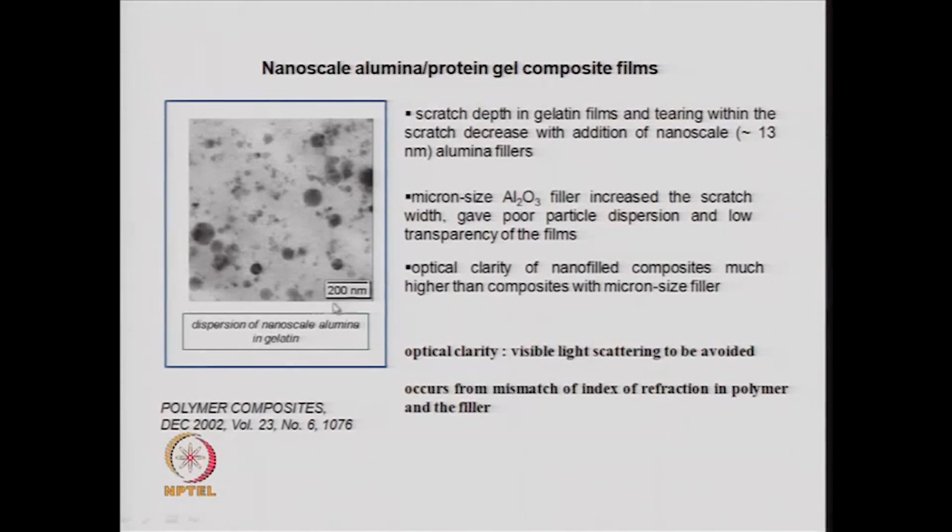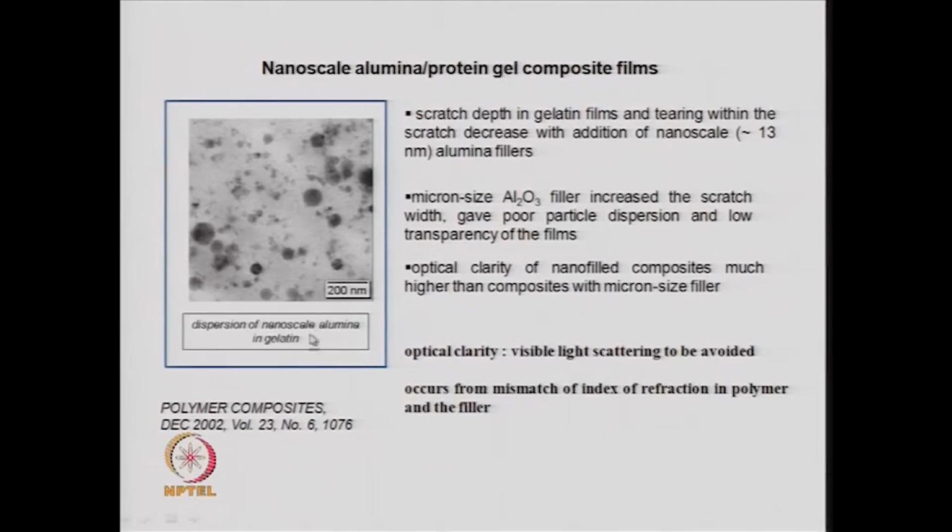This is a TEM picture where you can see the continuous material, which is the protein gel, and the nanoscale alumina particles dispersed in it. The protein is gelatin, and the Al2O3 nanoparticles are being used as filler.